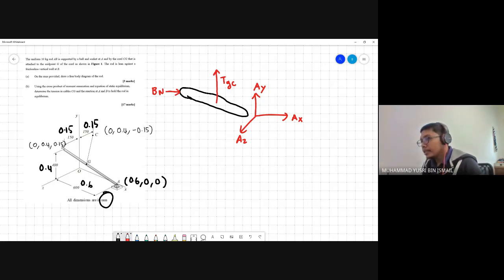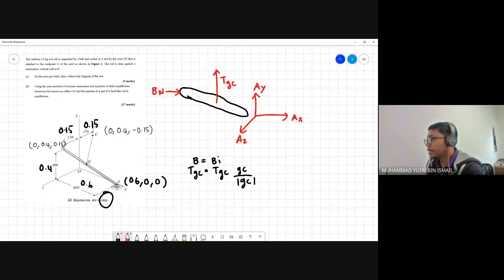So we rewrite all of the forces. The force at B is equal to Bi, and then TGC equals TGC times GC over the magnitude of GC.